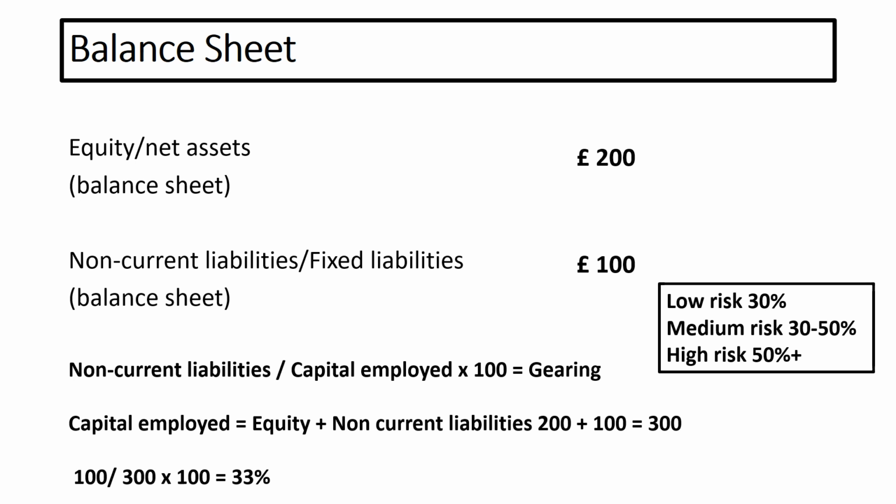Now, thing with gearing, thing with risk, if something comes along which is going to prove difficult for the business, this is its ability to deal with it. Can it borrow any money to get out of trouble? If a business has already borrowed 50% of its worth, it's probably not going to be able to borrow much more. Or if it does, it's going to have to pay really, really high interest rates.